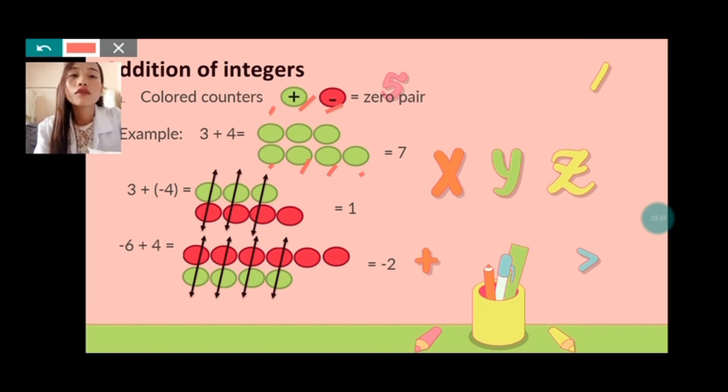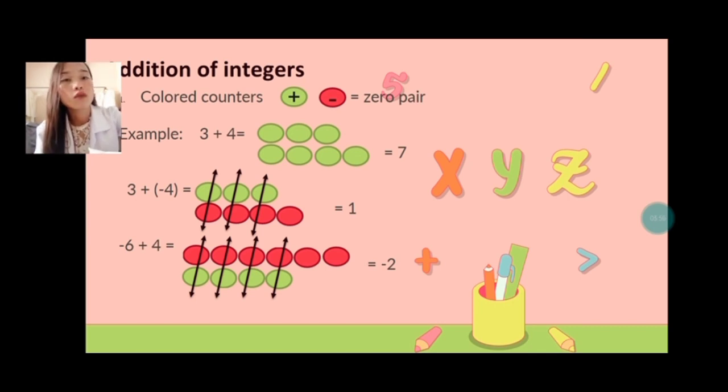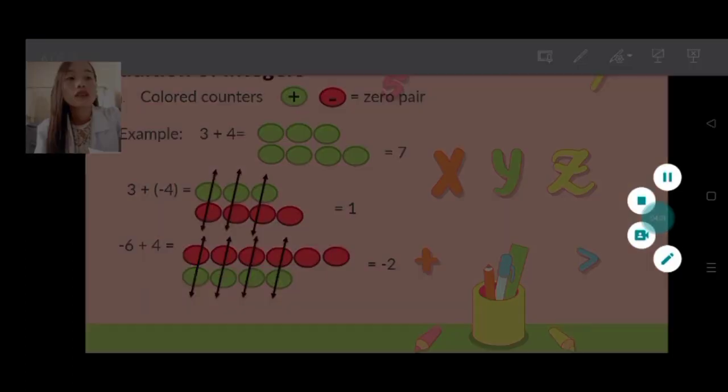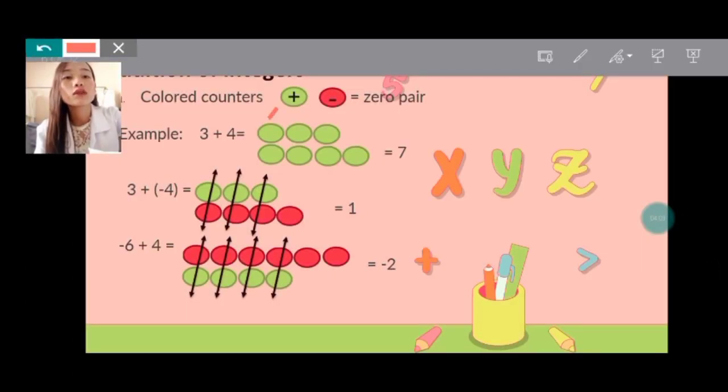Since we do not have any red or negative sign, we do not apply a cancel. Let's now add them: 1, 2, 3, 4, 5, 6, 7. All in all, we have a positive 7.